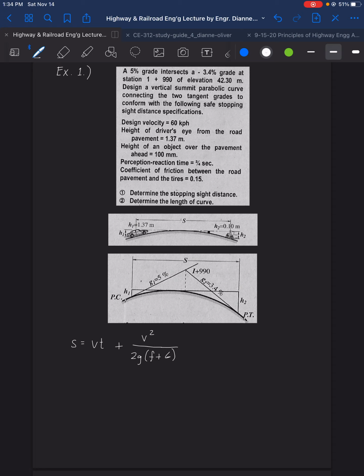Now the V here should be converted into meters per second.